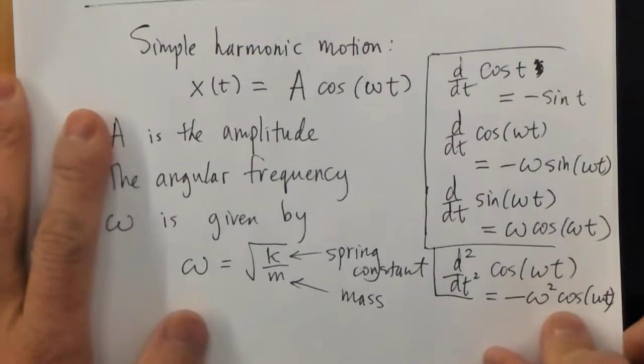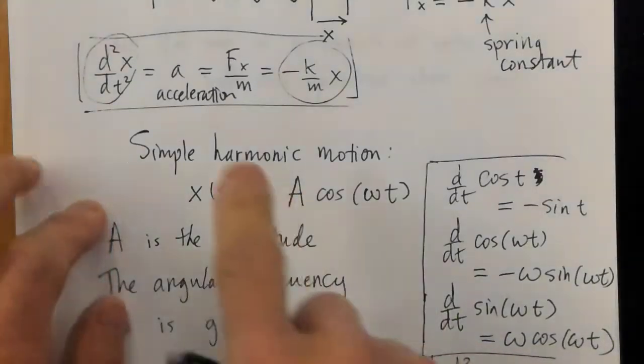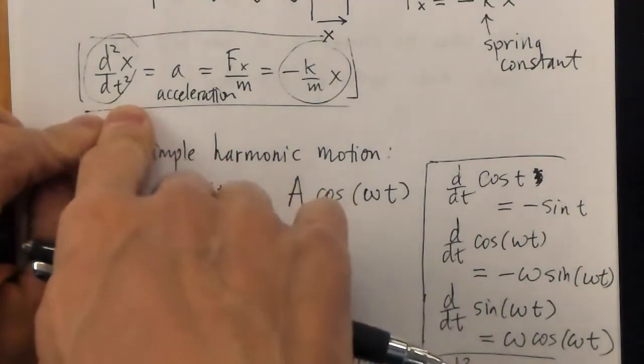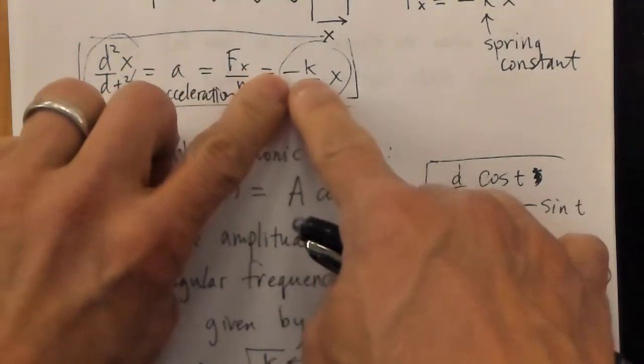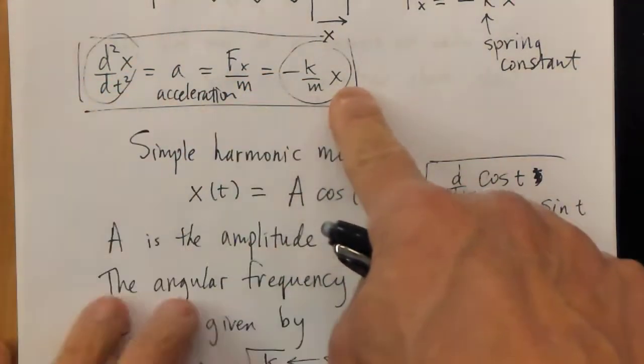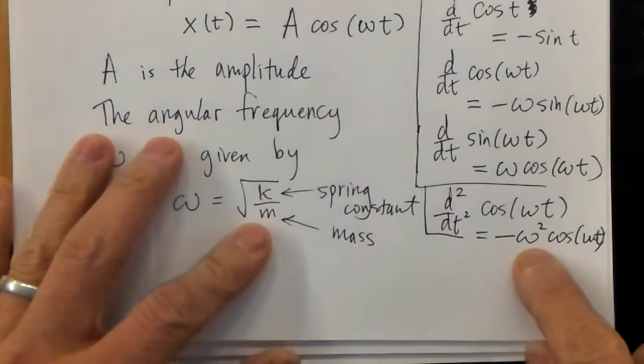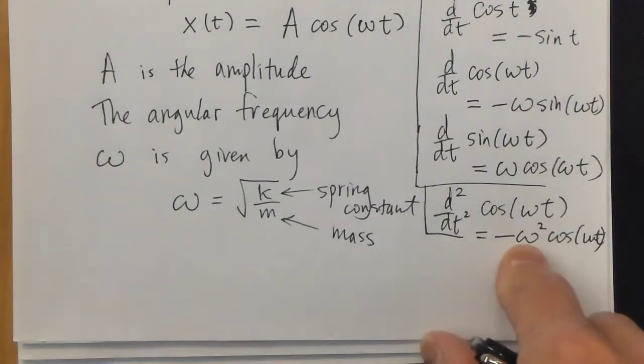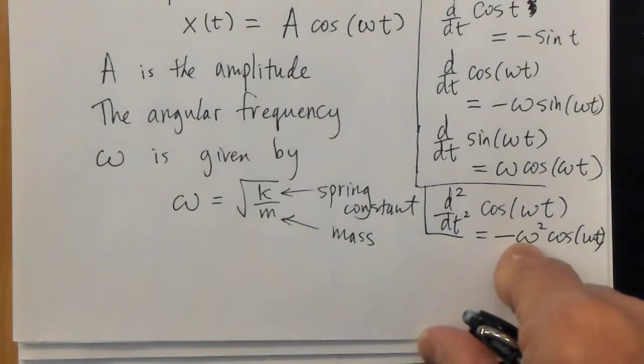That is actually exactly what we want here. We have what's called a differential equation, that the double derivative with respect to time of x is equal to some negative constant times x, and that's exactly what cosine does for us. So that's actually how you can guess the solution to this differential equation.